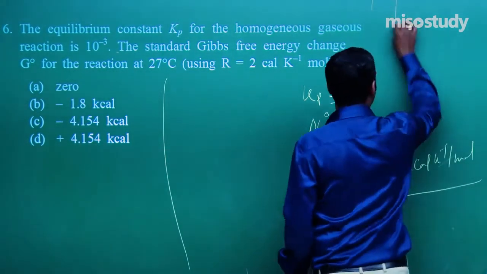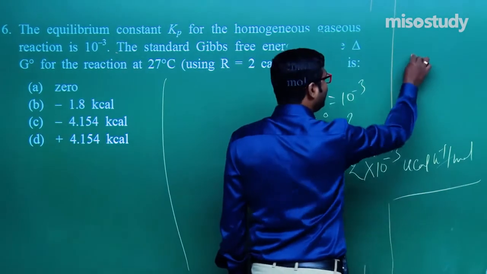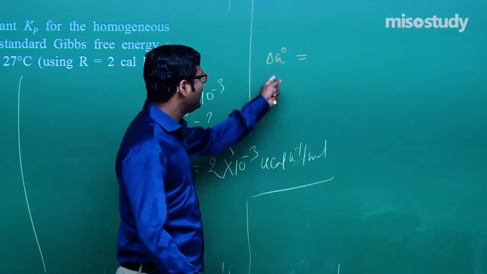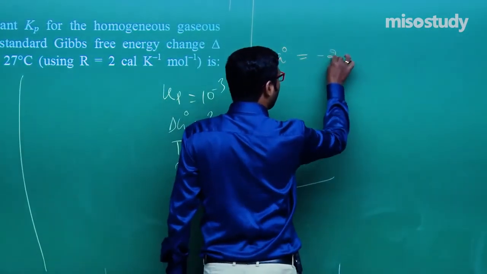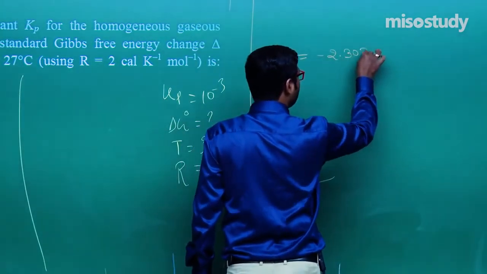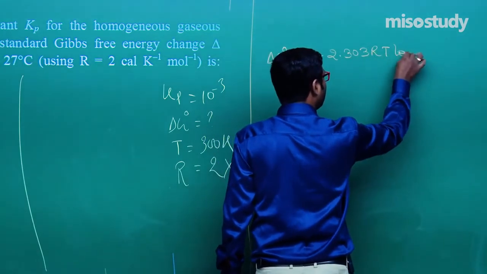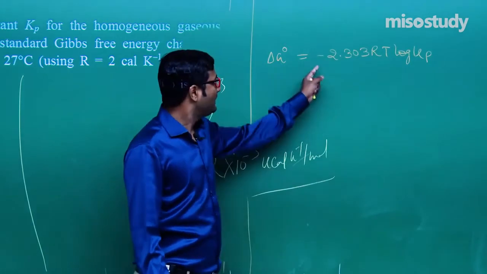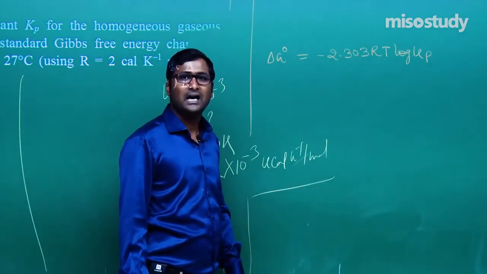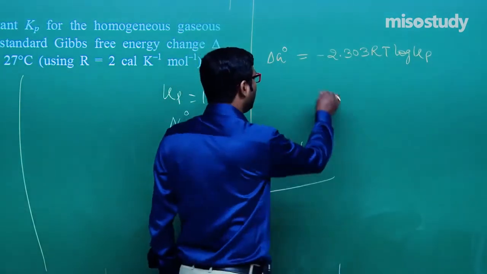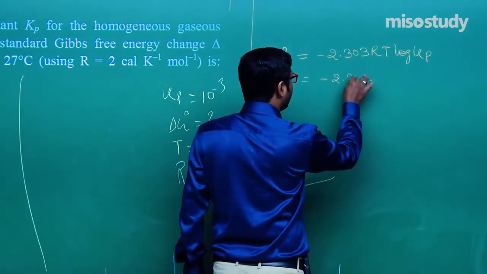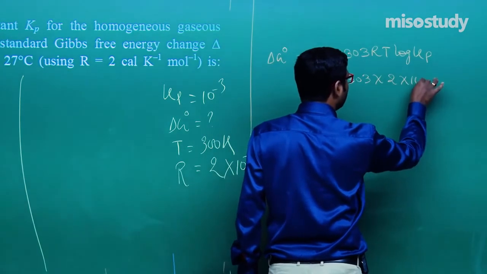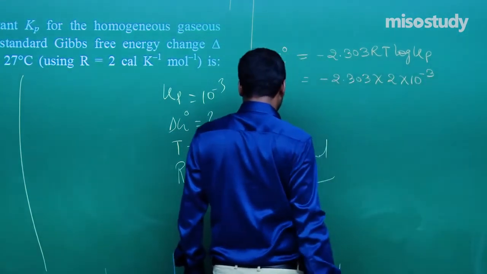Now we people know delta G, as I discussed in my theory lecture, delta G is equal to minus 2.303 RT log Kp. Remember this, minus 2.303 RT log Kp. Now put the value: 2.303 into 2 into 10 to the power minus 3.